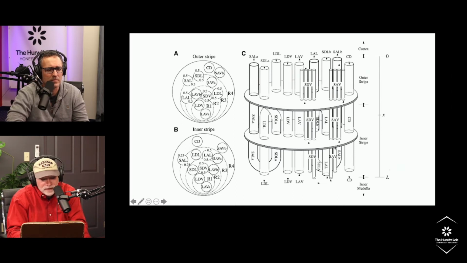But this is now giving you that freedom. You love this because you're seeing the transverse and the longitudinal, and you're seeing that this is complex. I'm not going to belabor the detail of this slide. It's beautiful, but I'm only showing that they went to the trouble of showing the outer stripe and the inner stripe to show that the center of attention is always the collecting ducts, but the environment.